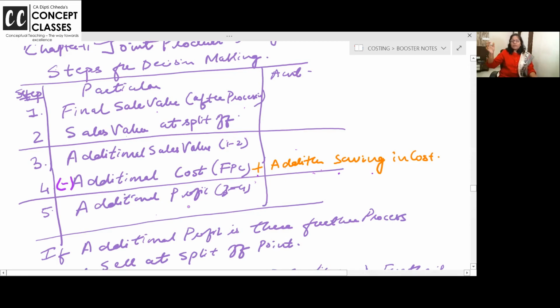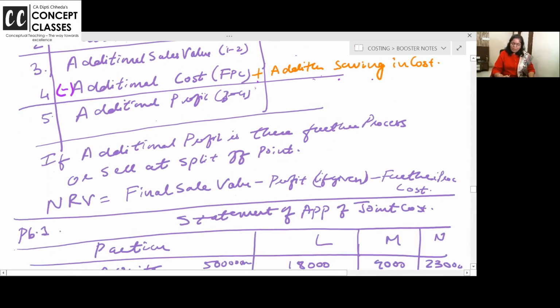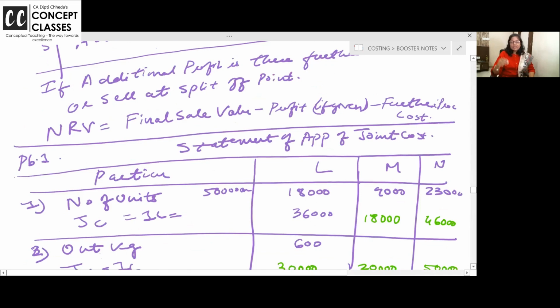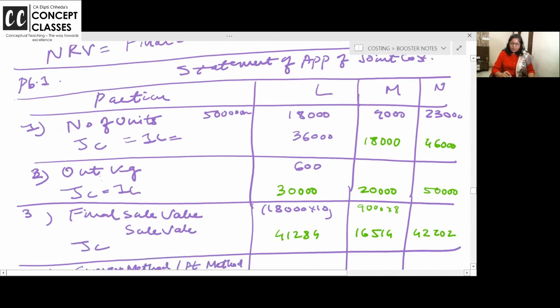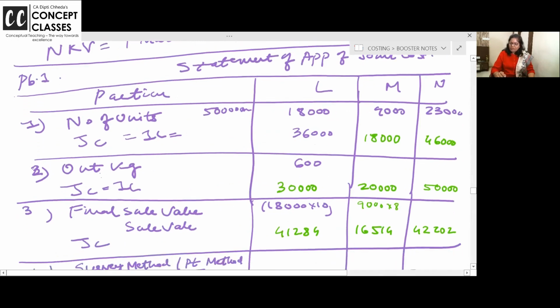So if there are 2-3 products, in product A there is additional profit, so further process. In B there is a loss coming, so don't. In C further process, and so on. Decide. If additional profit is there, further process it, or else better sell it at the split off point. Okay?